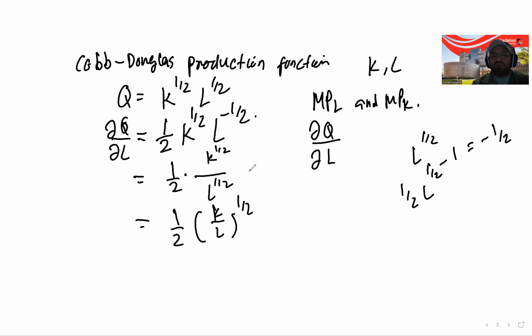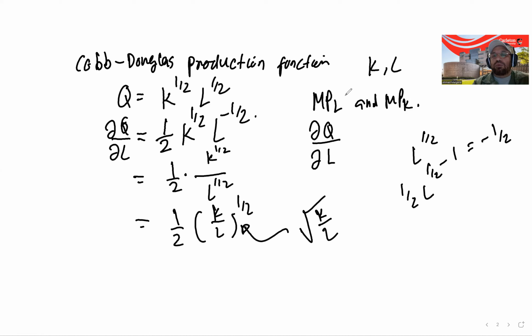Now, another question for you. What is K over L to the power of 1/2 the same as? This is the same as the square root of K over L. So that's the first part.